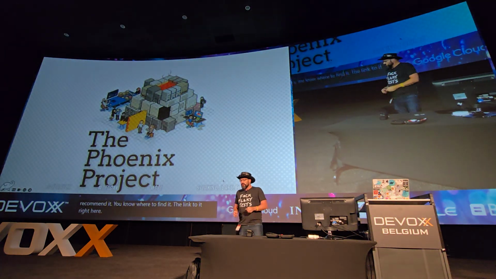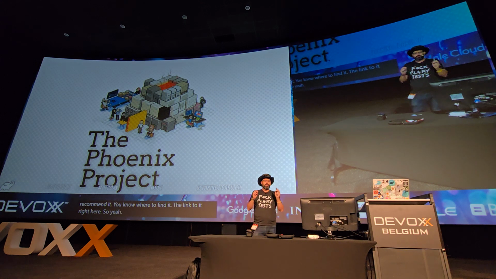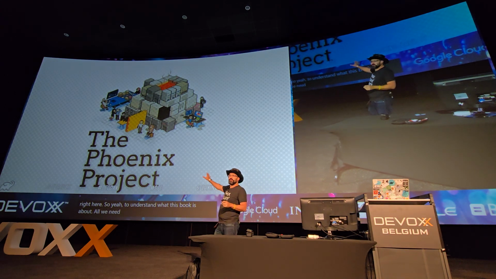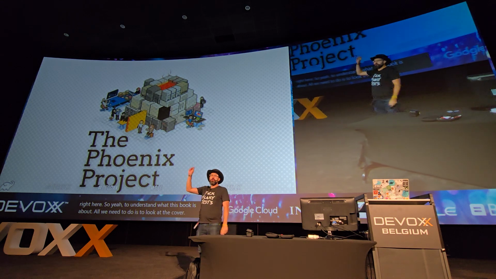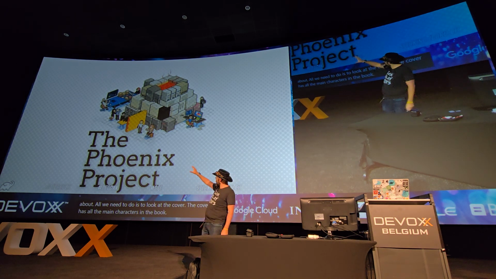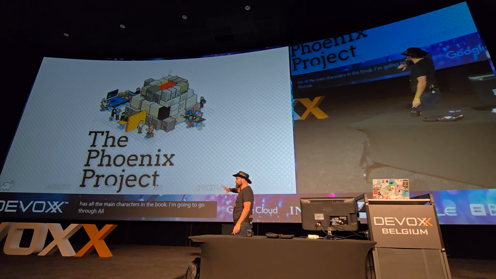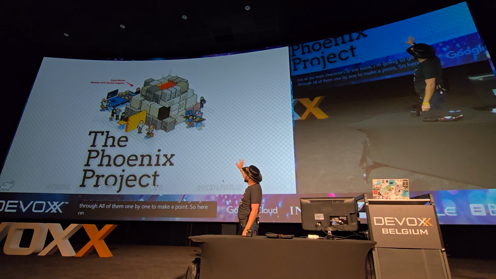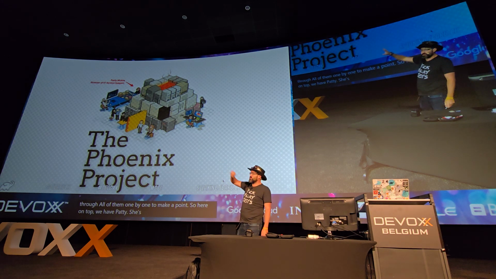To understand what this book is about, all we need to do is look at the cover. The cover has all the main characters in the book. I'm going to go through all of them one by one to make a point. Here on top we have Patty, the director of IT service support.